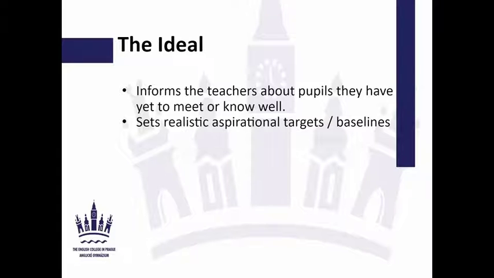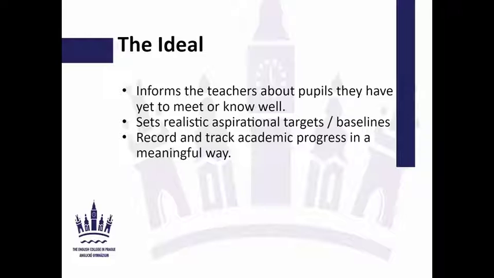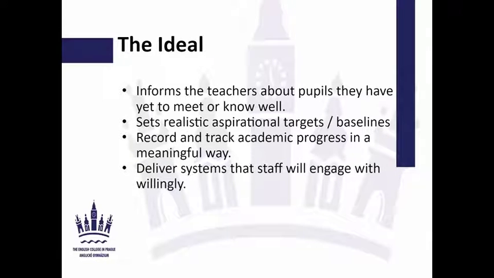Realistic aspirational targets and baselines, of course, recording and tracking academic progress. Ideally, and to make it work, you need to have a system that teachers will engage with in a positive way. If they're not engaging with it, then it's not going to work well at all.